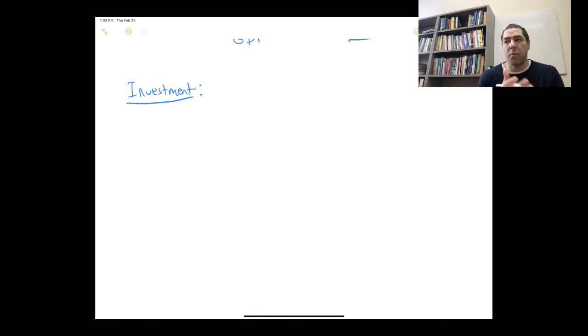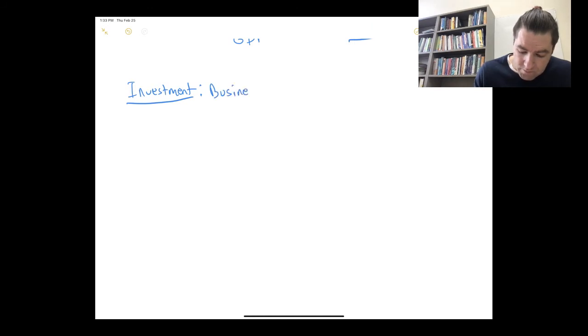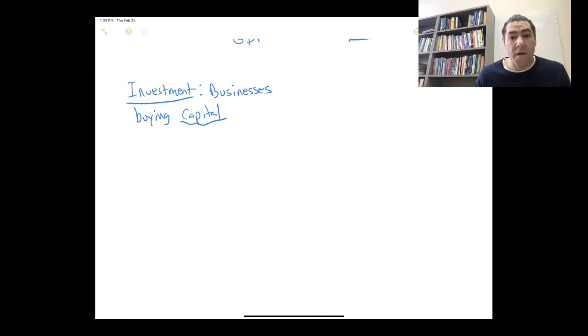When you think investment, you think I bought a stock in a company, and so I'm investing. In economics, or at least in macroeconomics, what we mean by investment is businesses buying what we call capital. And capital is equipment, buildings, machines, etc.